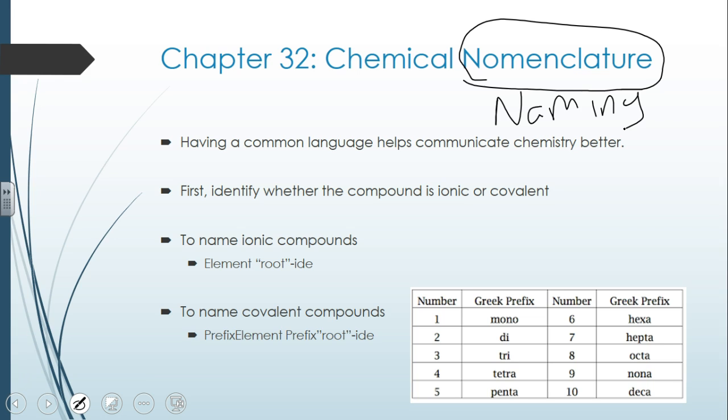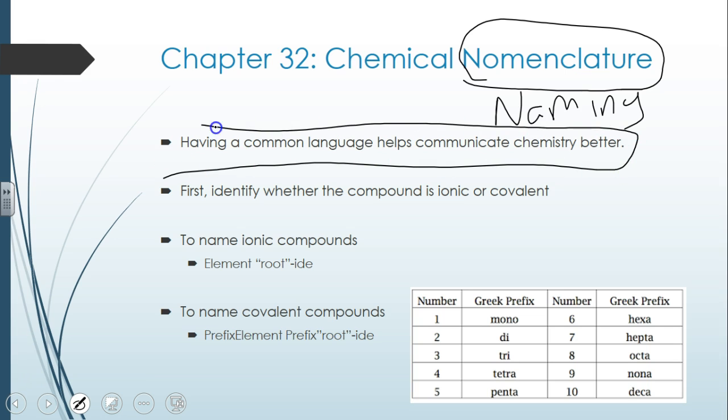I feel like I can't do anything without kind of justifying why it's important to learn as a chemist. And this is why: if ethanol had a different name in 17 countries, it would be really hard to communicate and make sure that what compound we're dealing with is the same in each of those countries.